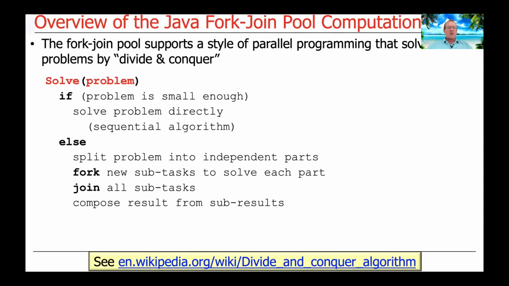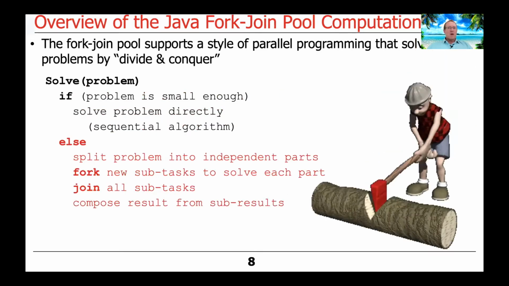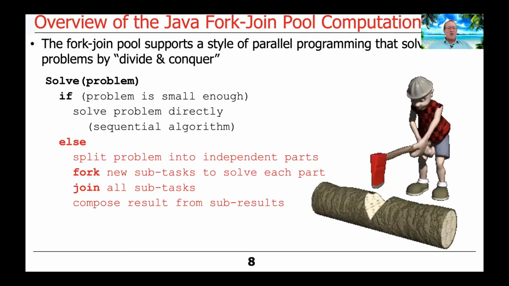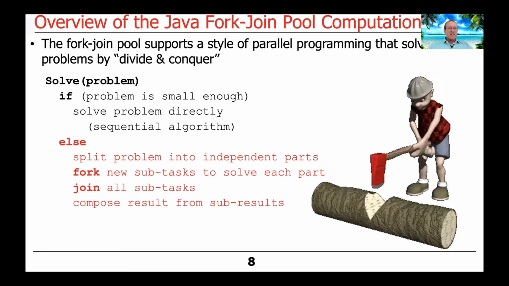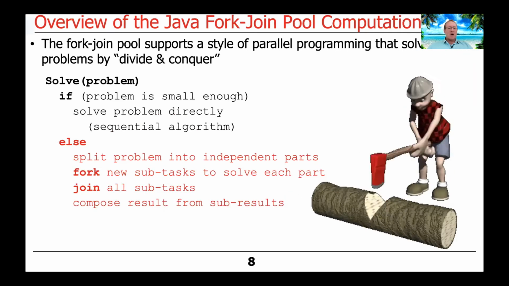And so the way the general divide and conquer algorithm works is you need to solve the entire problem. If the problem is small enough, then you simply solve it directly using some sequential algorithm. And if the problem is bigger than the small enough part, then you split the problem up into independent chunks or parts. In this case, you will fork new subtasks to solve each of the parts.